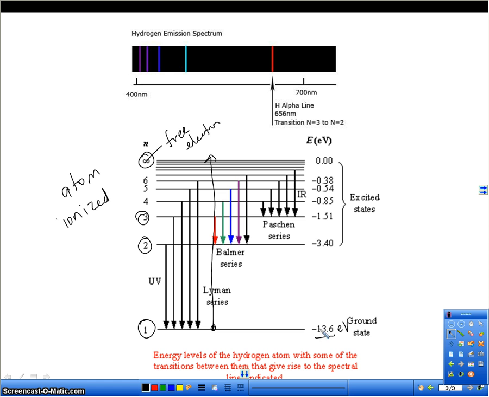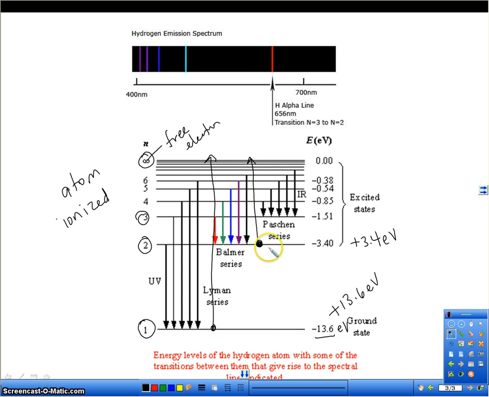Negative because it means I would have to put in 13.6 electron volts to get an electron that's down here all the way out of the atom. An electron in the n equals 2 level would need 3.4 electron volts added to it to ionize, to get it completely out of the atom.